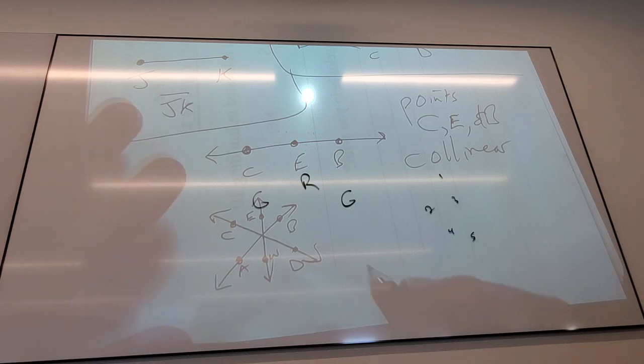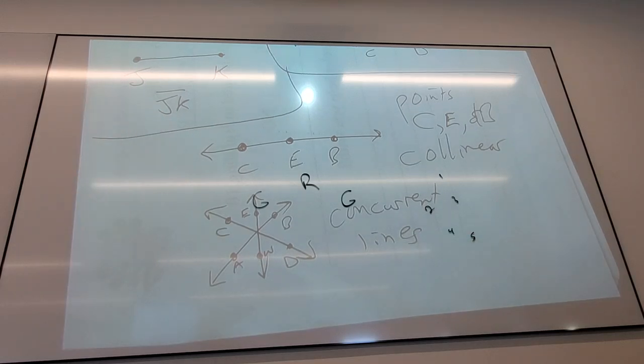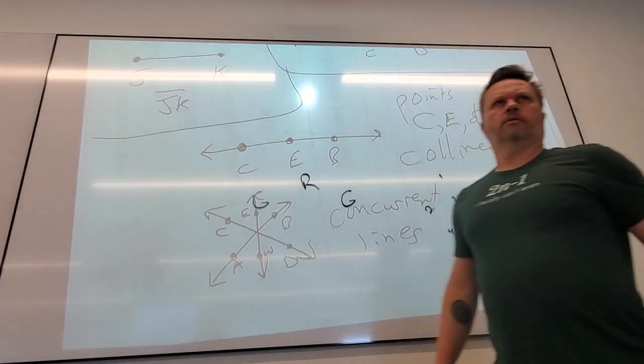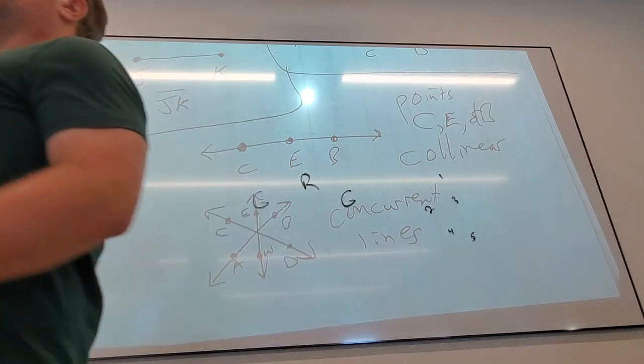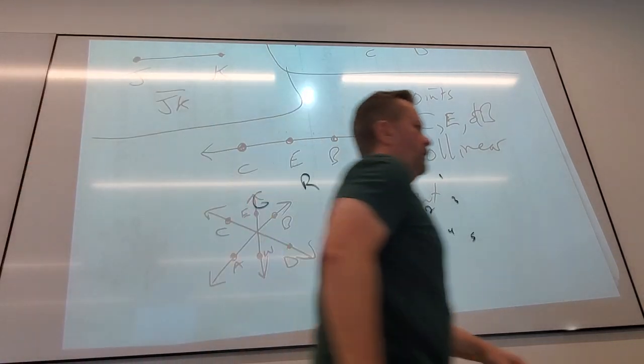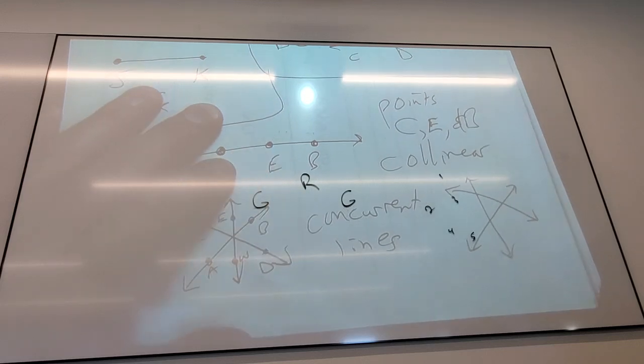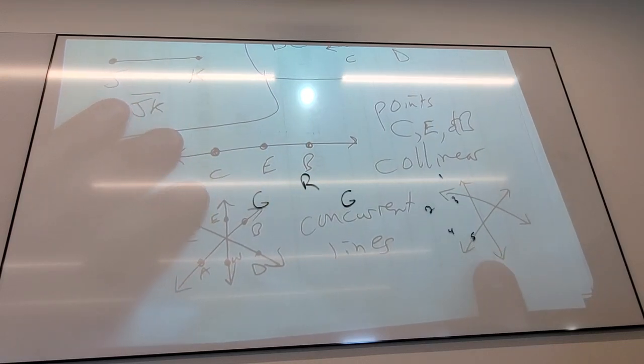This is a little bit weirder. This one we call concurrent lines. If you say something happened concurrently, that means it happened at the same time. So they all meet at the same location. So anything that doesn't meet, if I have three lines that do this, we say these are non-concurrent lines.